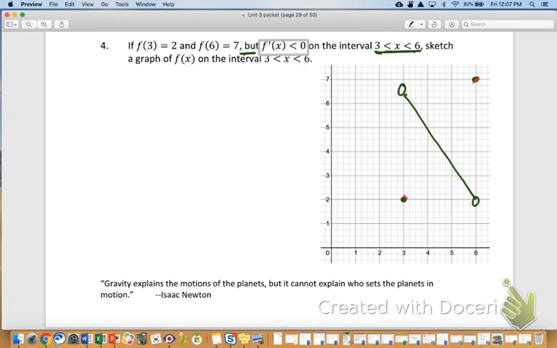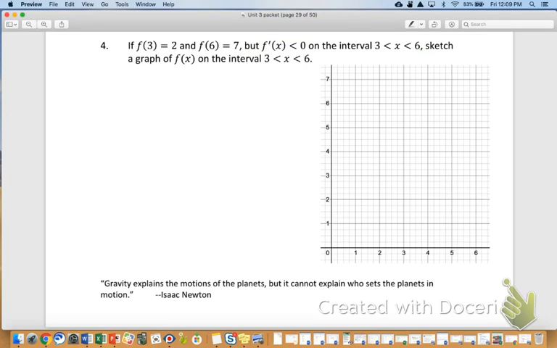This actually perfectly fits this situation because on the open interval, f is decreasing, and we have f prime being negative, so it perfectly fits. But then we're still able to have these 2 points here and here fulfill the actual values of the function that we were given. So I would say some graph that looks something like that would be appropriate there for number 4.